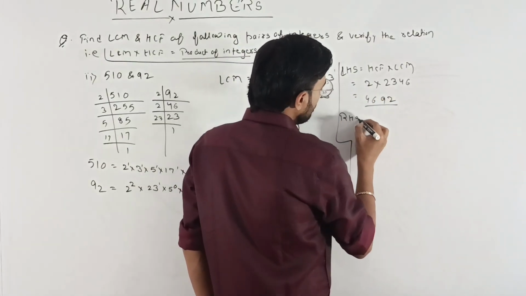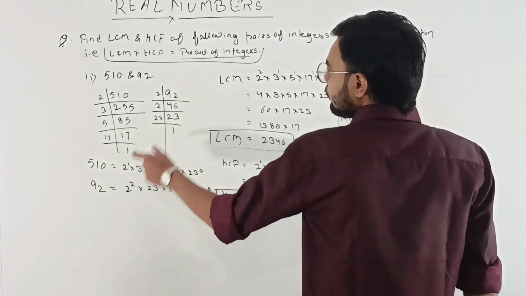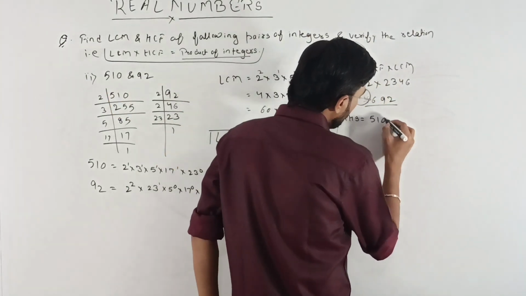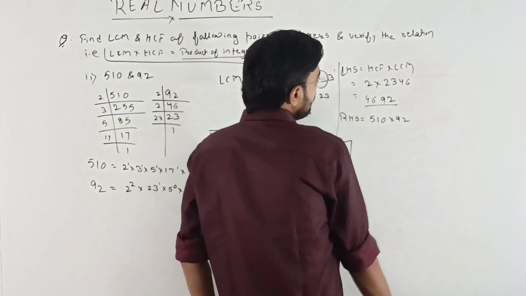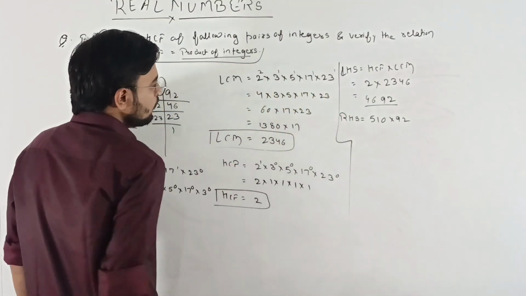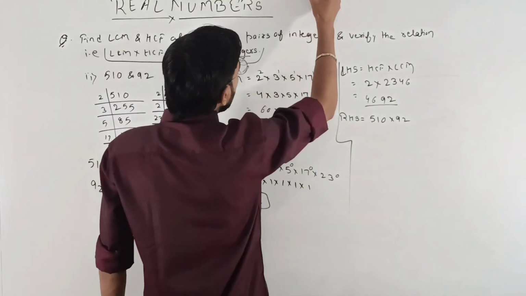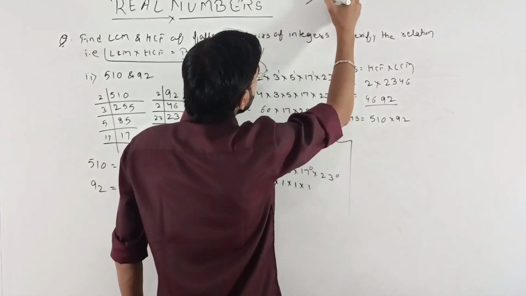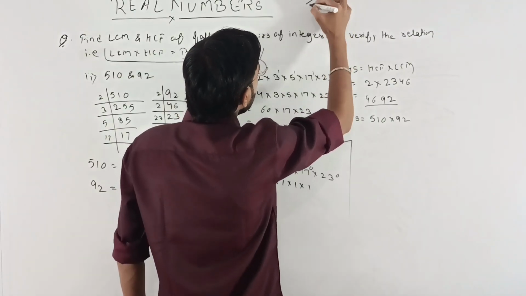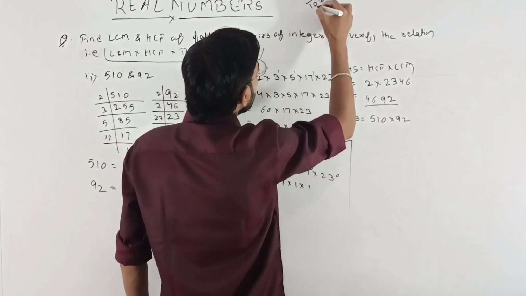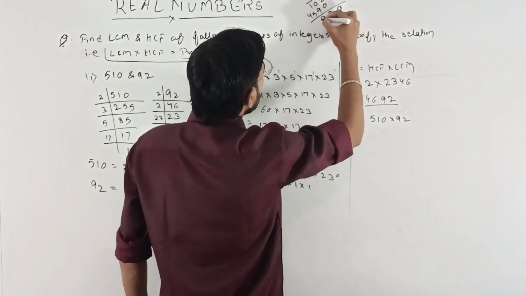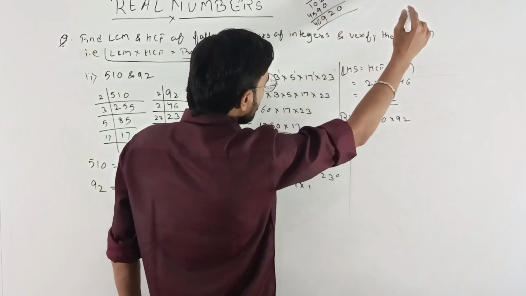And now RHS. RHS means the product of the integers. The integers are 510 and 92. Then 510 multiplied with 92. 0, 2 times 1 is 2, 5 times 2 is 10. Again 0, 9 times 1 is 9, 9 times 5 is 45.